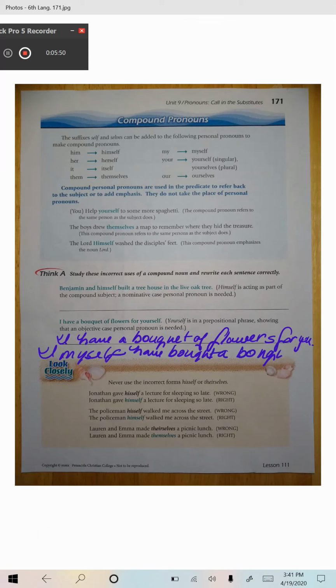Bouquet of flowers for you. But you see, I myself, the myself has to have this first. Okay? Never use the incorrect forms of his self, that's not even a word, or their selves. Just know that those are not words. Okay? Let's turn to the next page.